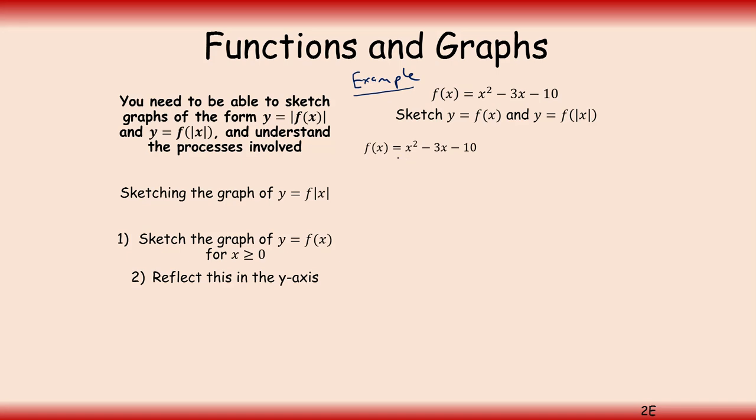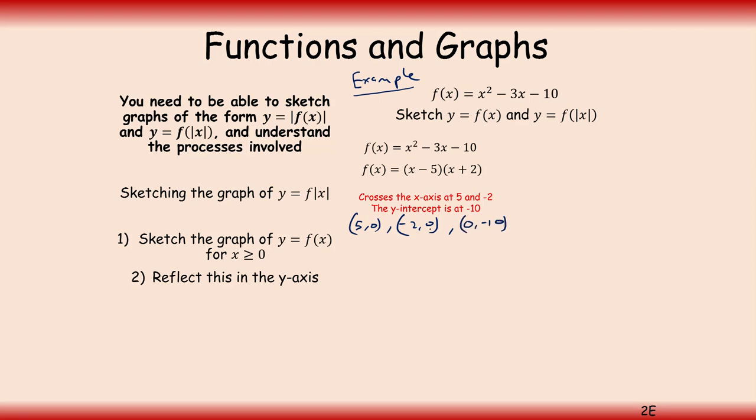Now, there's our function there, and same function, so it's going to cross the axes at the same points as it did before. We had 5, 0, minus 2, 0, and 0, minus 10.